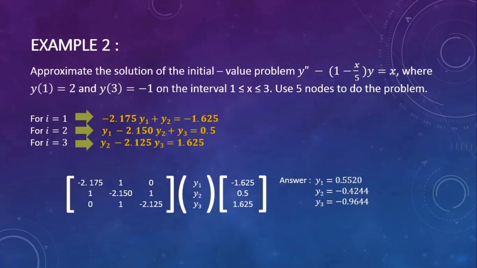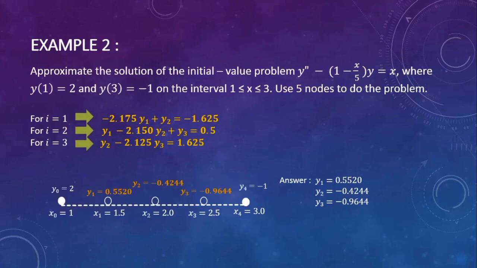And lastly, we have i is equals to 3. So, since wala tayo y sub 1, wala value yung y sub 1, so ato input is 0. Then, 1, then negative 2.125, and lastly, 1.625.